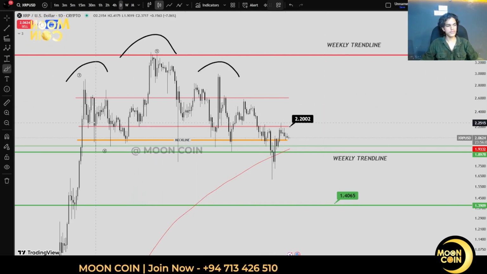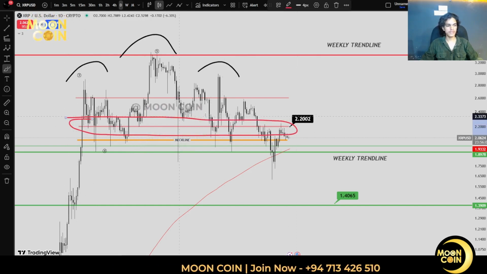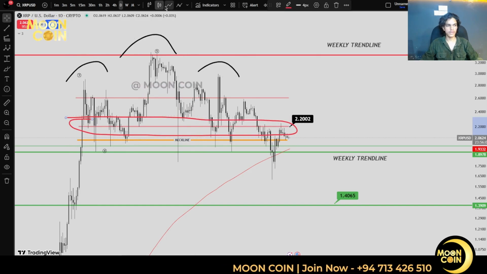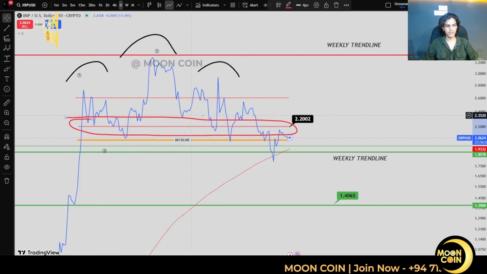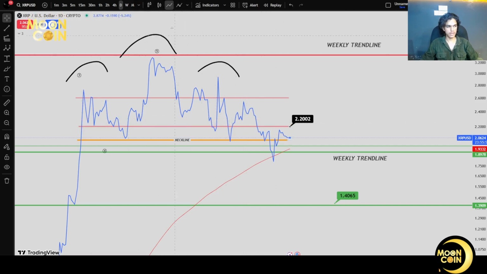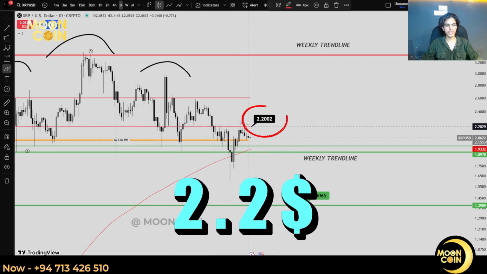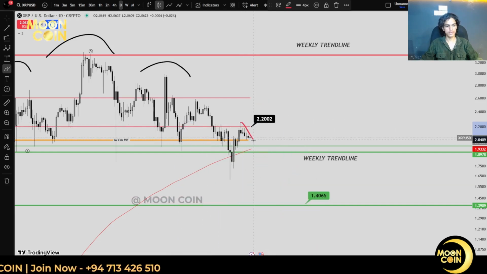As you see here, the market has rejected from this very strong resistance. Why did I take this resistance? We have multiple retests and mitigations at this price, so that's why I took it. In the current market, you see that the market has rejected that price, $2.2.